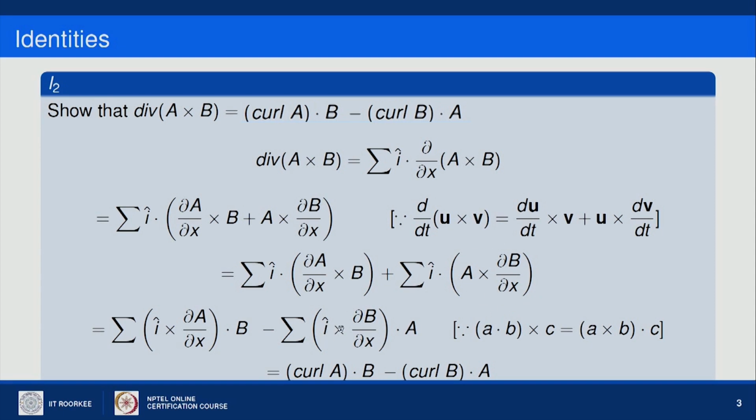So I have written minus i cross del B over del x dot product with A. Now what is this? This is curl of A dot B minus curl of B dot A, and in this way we have done the proof of this particular identity.